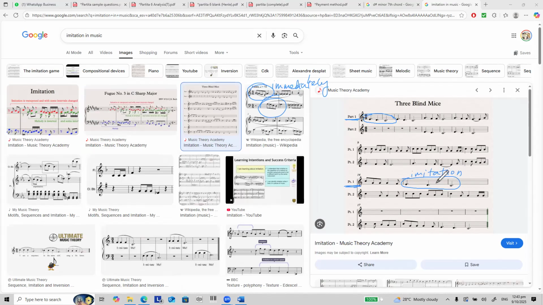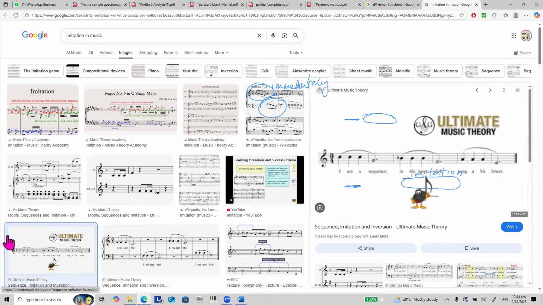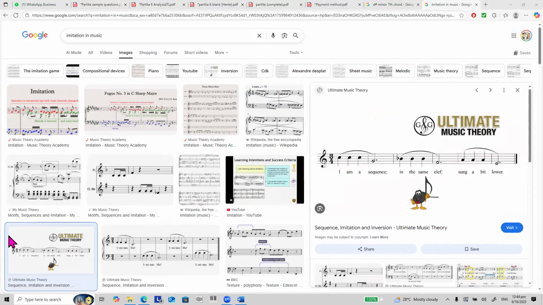And don't confuse imitation with sequence. Sequence is also very similar. During the exam, if they ask you to look for sequences, a sequence is something that happens immediately, right after this, and in the same part.